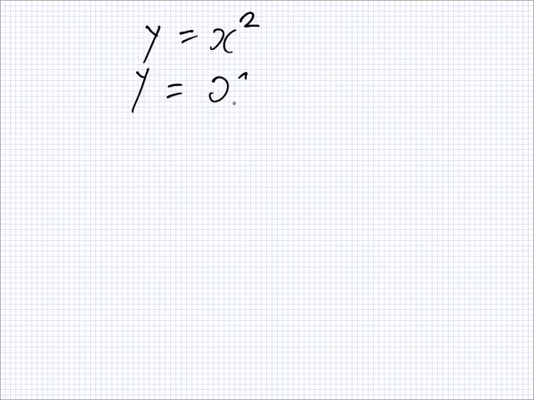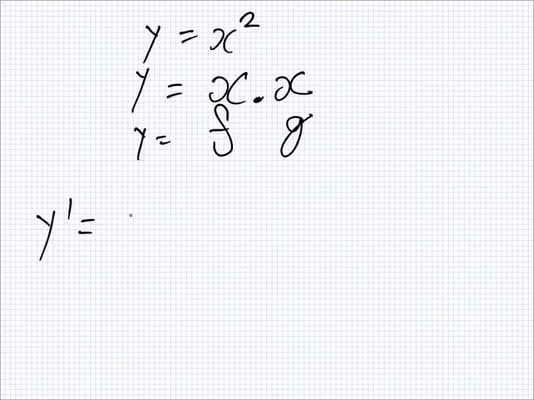x squared is the same as x multiplied by x. So this is like f and this is like g. What's the first part of the formula? f derivative, x multiplied by 1. Yeah, 1x. And then the next part is f multiplied by the derivative of g, which is also 1.